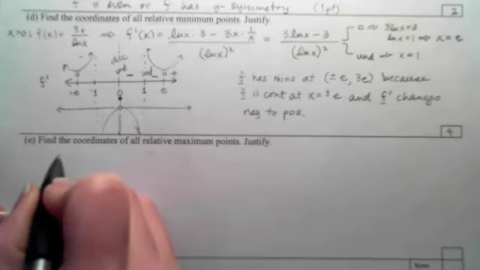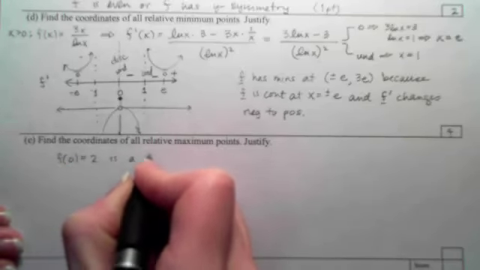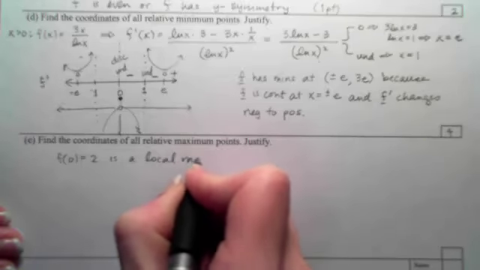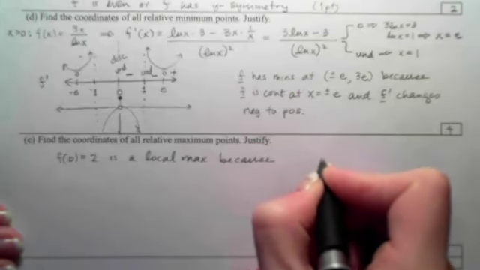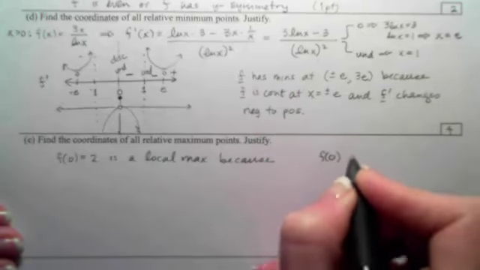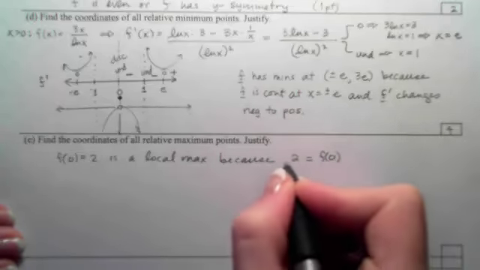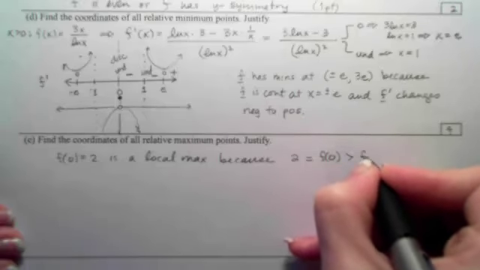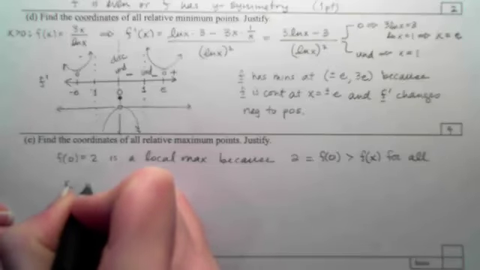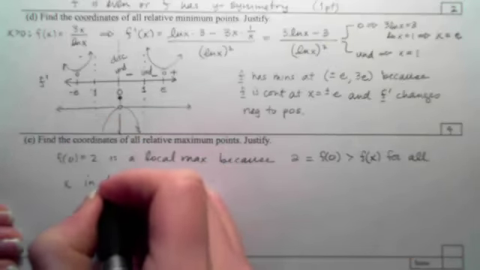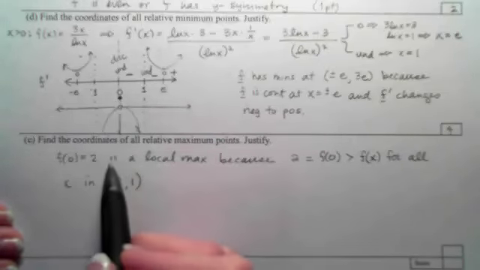So in part D, we will say F of 0, which is 2, is a local max because F of 0, actually, we'll just say is greater. I was going to say 2 equals. I guess it wouldn't matter which one you use, because this value is greater than F of x for all x's in the interval from -1 to 1. We can't say for all x's because it's not a global extreme, it's only a local extreme.